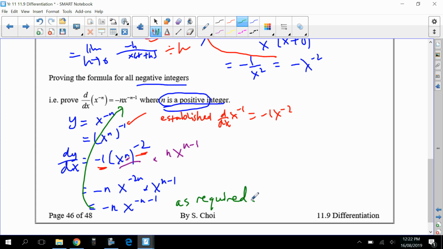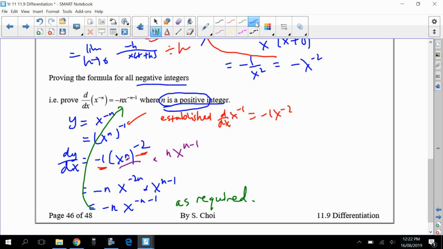So everything can be derived from scratch. All right, good. Now we have proved it's true for any integers. Now we have to prove it's true for fractions as well. And that can be proven on the next page.